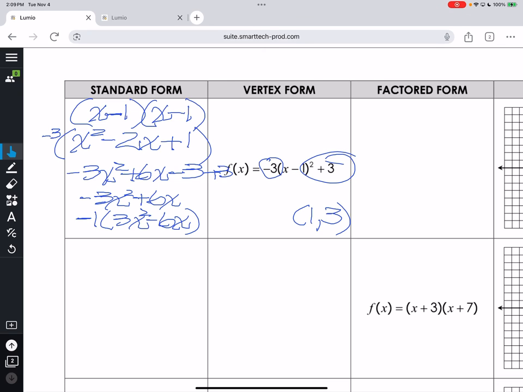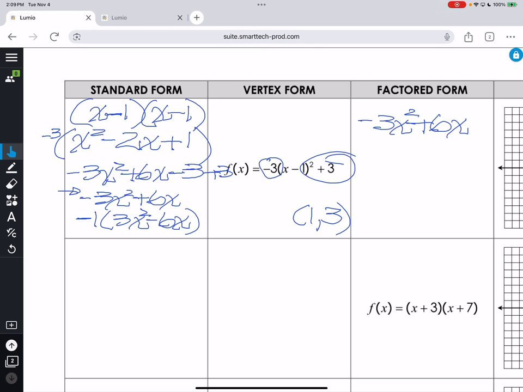Okay, now we need to do the factored form. So we're going to bring this over here, going back to this form right here: -3x squared plus 6x. What is the greatest common factor here? 3x. Oh yeah, 3x squared. Yes, it is 3x squared. I'm determined to leave that off.